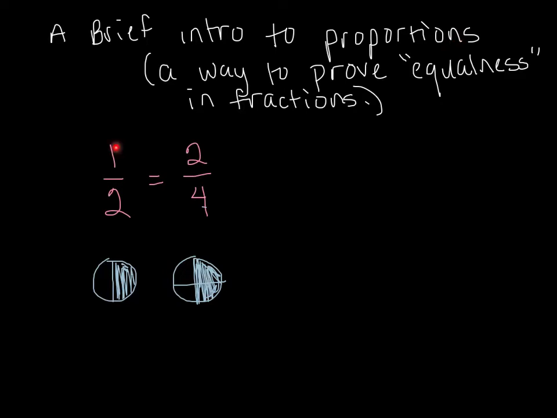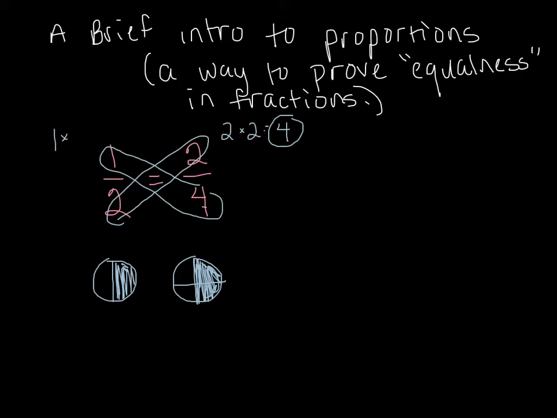We can prove that this is in fact equal to this, because with all equivalent fractions, if you multiply their crosses with each other, you get the same product, the same answer. Let me show you. If I multiply 2 times 2, I get 4. If I multiply 1 times 4, I get 4.